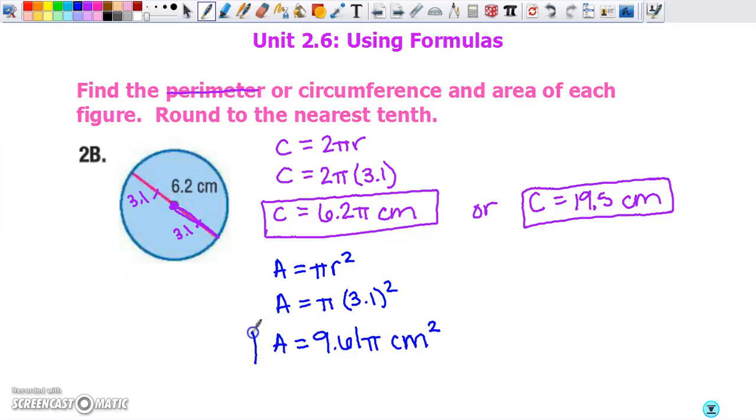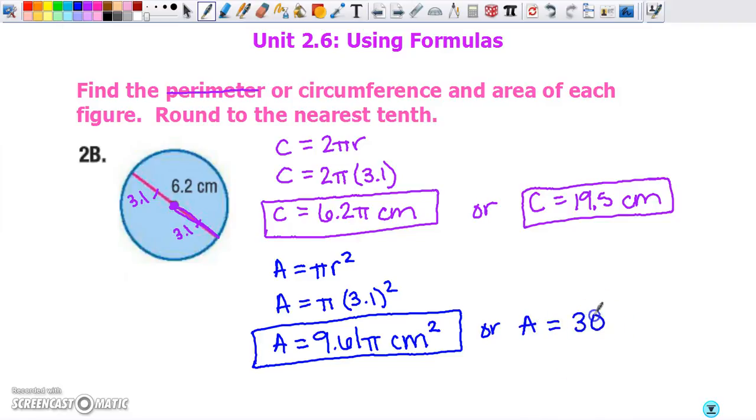So again, you can leave it in this form. This would be perfectly acceptable and really truly the best way so you don't have any rounding to deal with. Or if you multiplied it out, you would end up getting 30.2 centimeters squared, which is also an acceptable answer. So either one, whatever kind of suits you best.